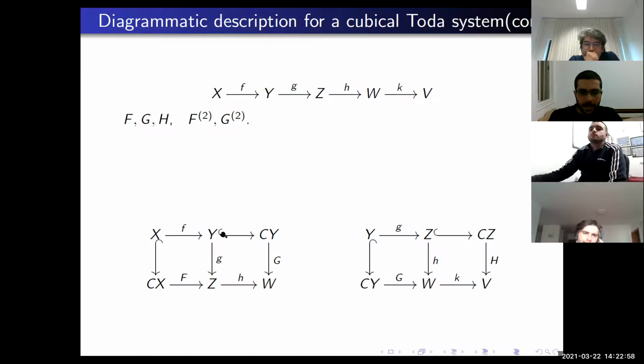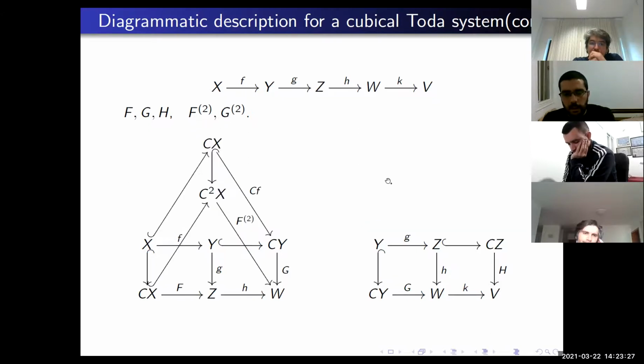So we can get the same diagrams as before from this. From the first three maps and the null homotopies F and G, we get this. And from these three maps, G, H, and K, and these two null homotopies, G and H, we get this. And by the second order null homotopies, we can make here a null homotopy for this composition.